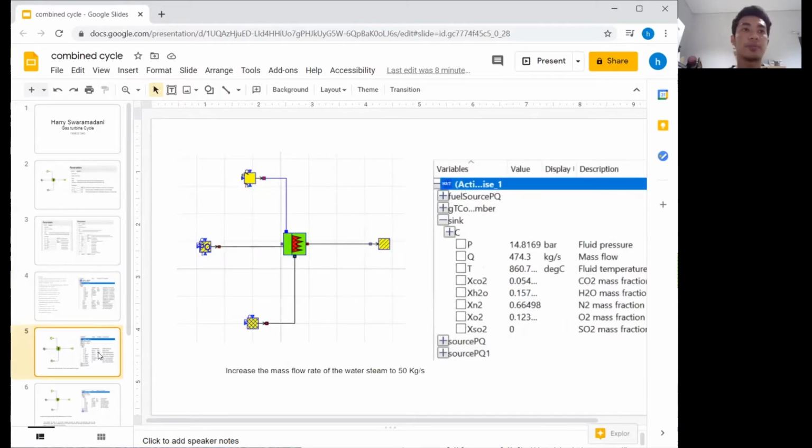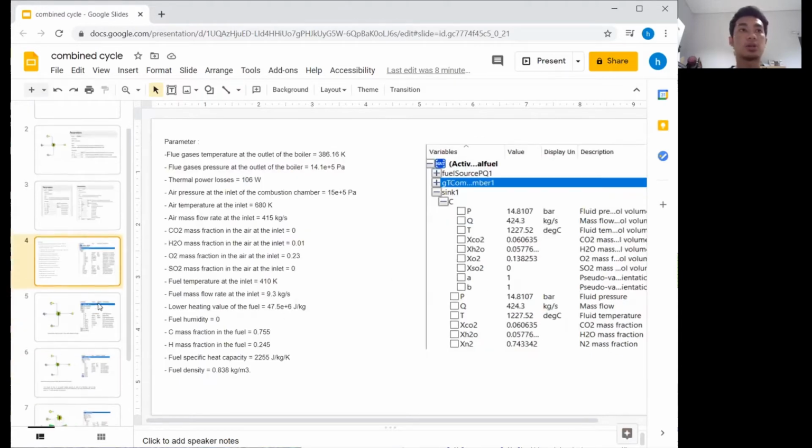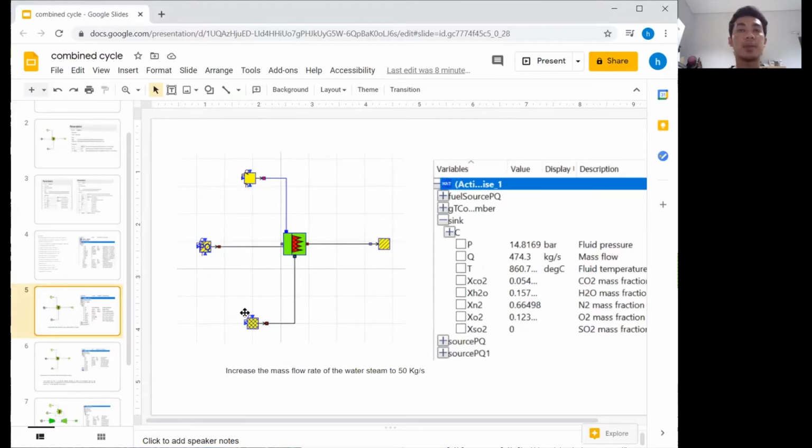So after we set the goals, we come to the same experiment but with different values to see the different output. In this case, I will increase the mass flow rate of the water stream. Before, it was 0, and from now I will increase it to 50 kilograms per second.